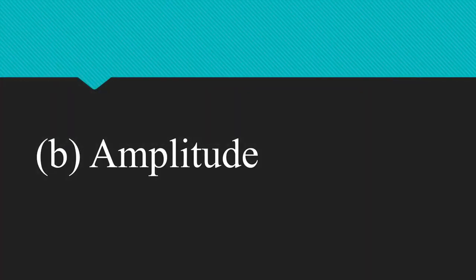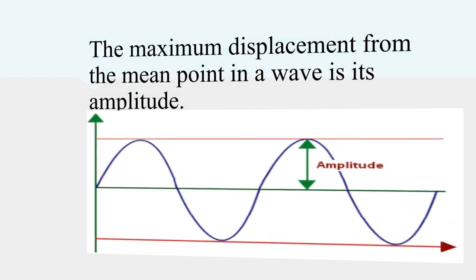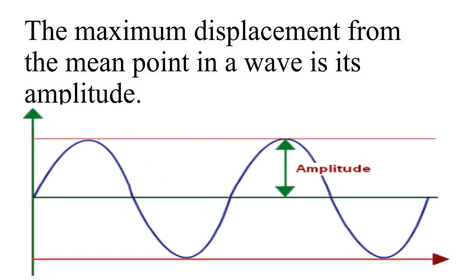The second term is amplitude. The maximum displacement from the mean point in a wave is its amplitude.